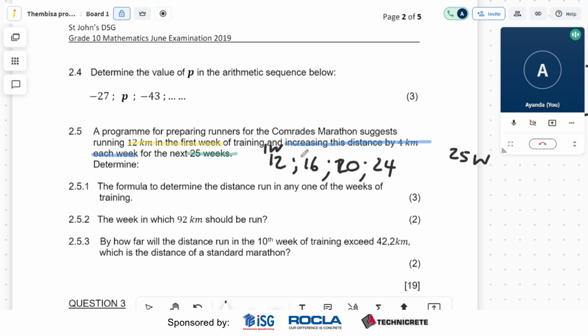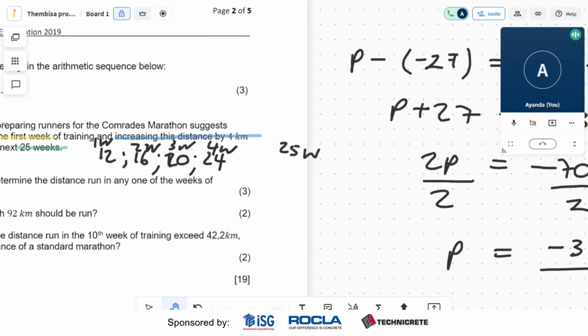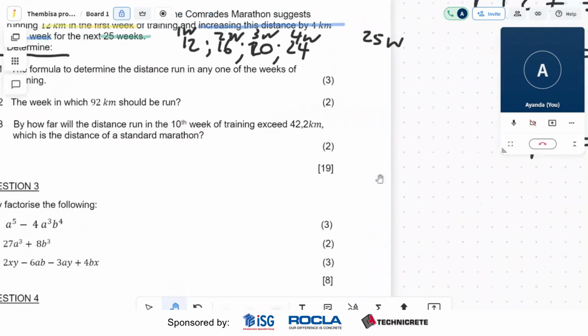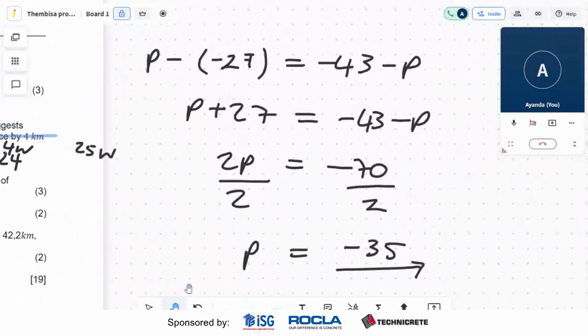So this is 1 week, this is 2 weeks, this is 3 weeks, this is 4 weeks. Now, we're asked to determine the formula to determine the distance run in any one of the weeks in training. So how are we going to find the general formula of Tn? Let's get rid of this.